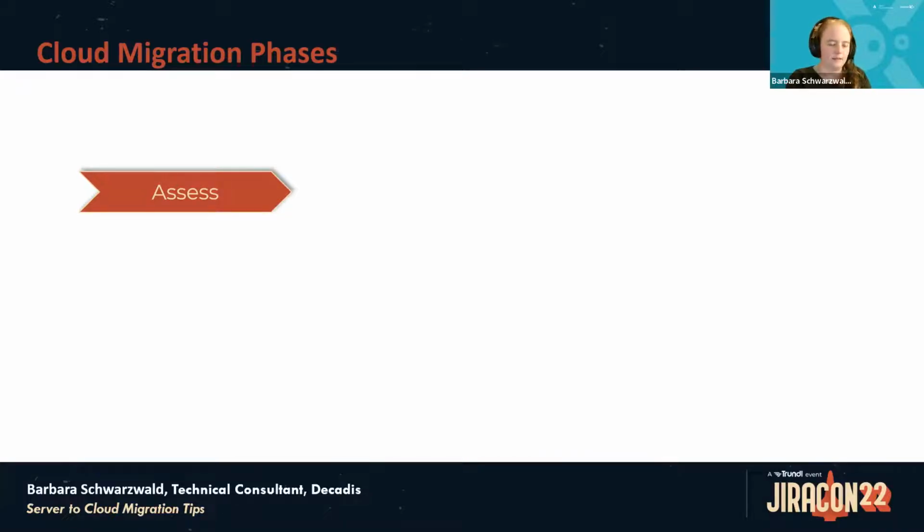Basically, you look at how your instance is looking right now, and you think about how you want your instance to look in the cloud. Then you can think about how you can move from where you are right now to where you want to be in the cloud.